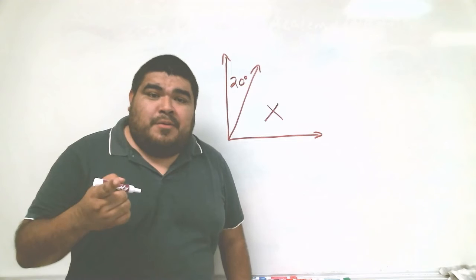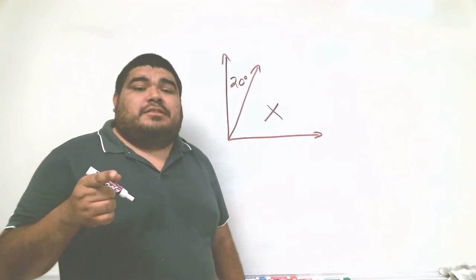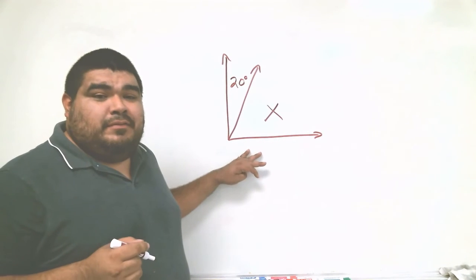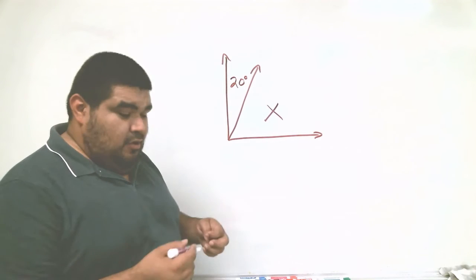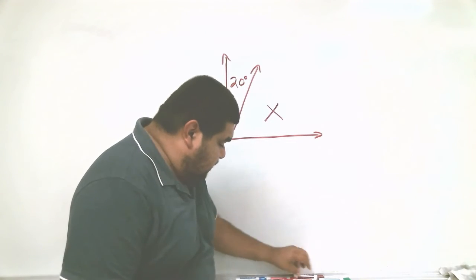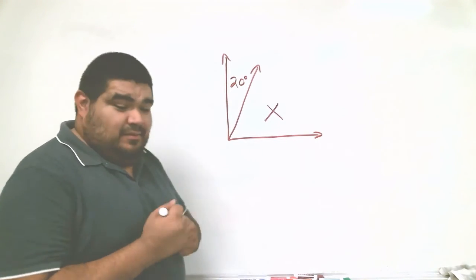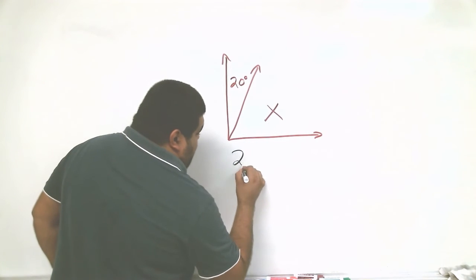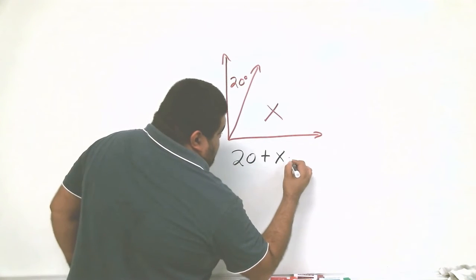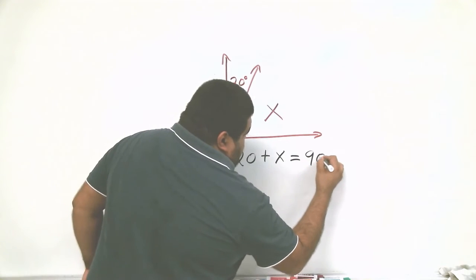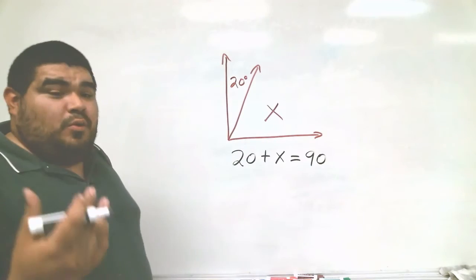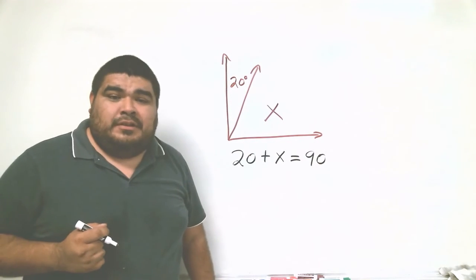So remember, how many degrees does a complementary angle have? 90, right? Good. So we can say that 20 plus x equals 90, because the whole angle equals 90 degrees.